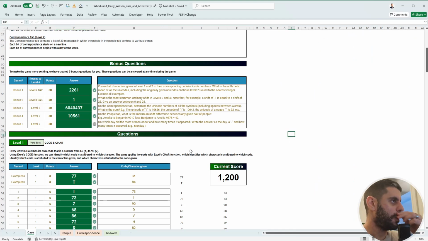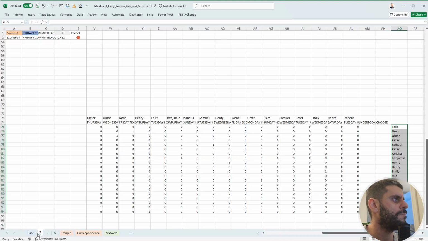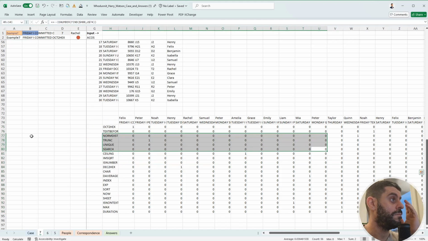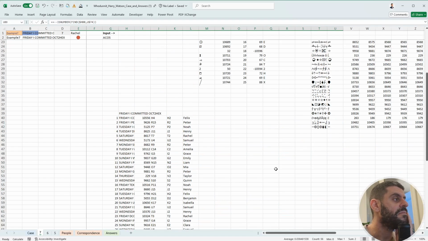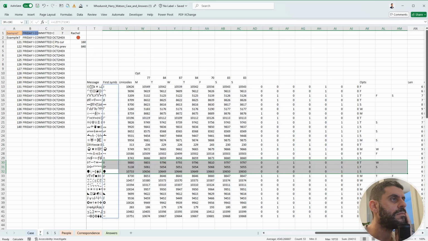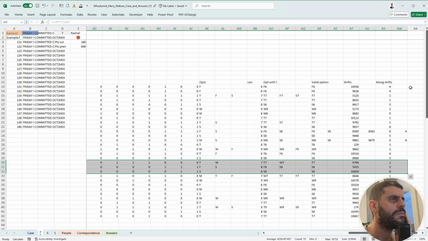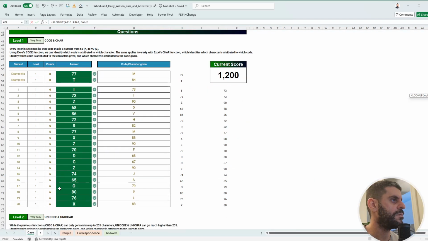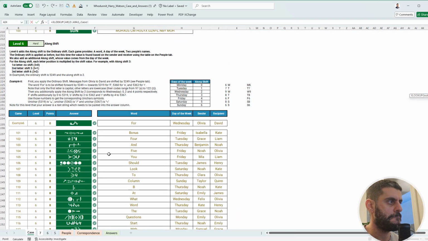It is. On which day did the most crimes occur and how many times it appeared? So let's look up those options into my option list lock, and I want the day.